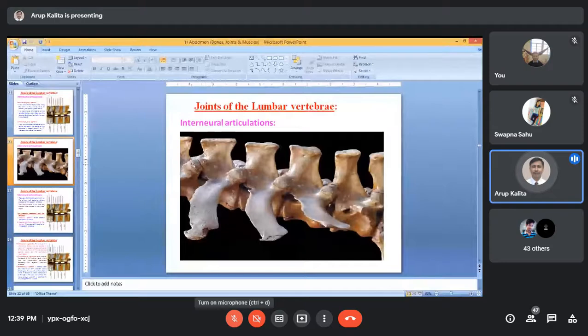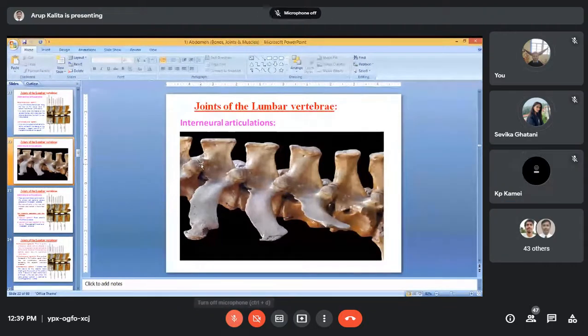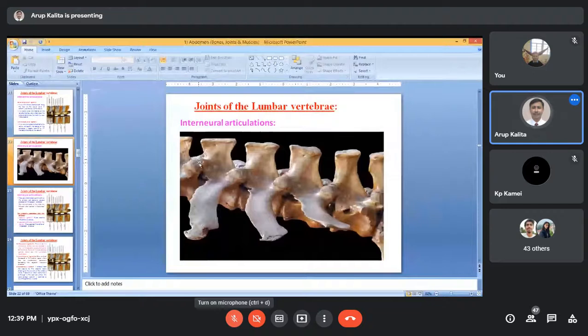In between these two articular processes, have you seen one joint here? Yes, sir. So that is the interneural articulation, in between the articular processes, here on this side and on this side.